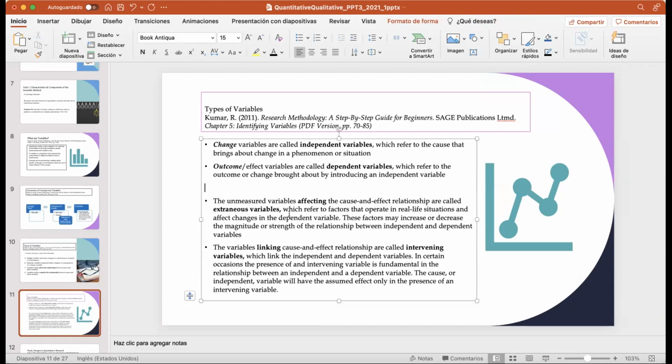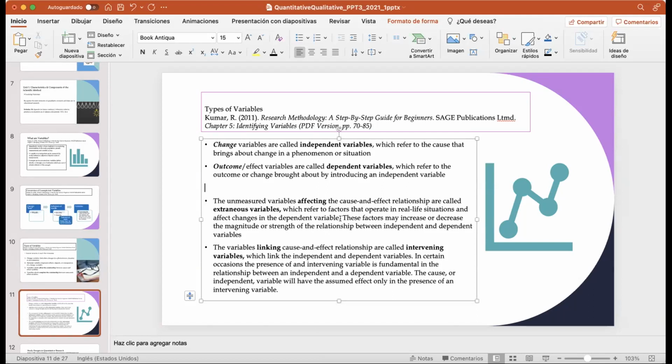Extraneous variables refer to factors that operate in real life situations and affect changes in the dependent variable. So you have one variable being the cause and another the effect, but other variables in the middle affect that result.